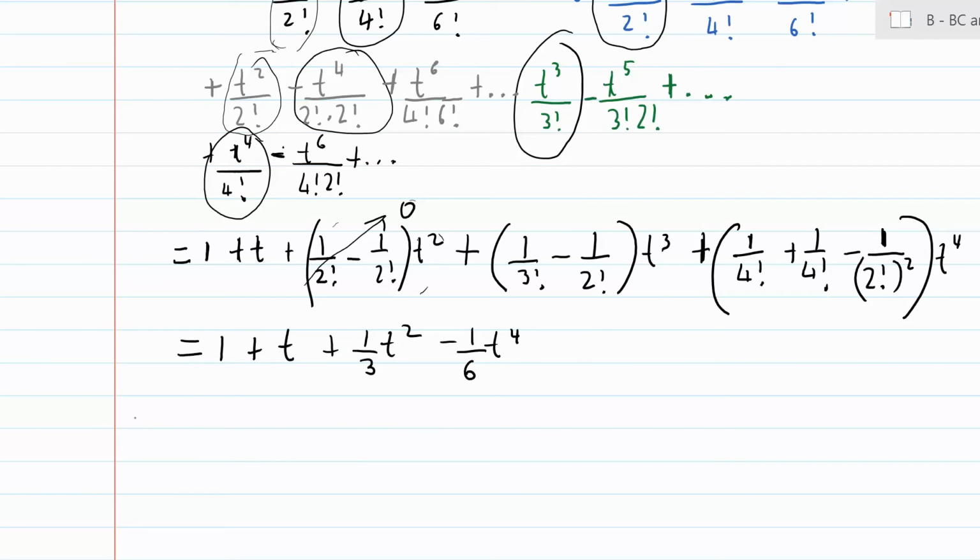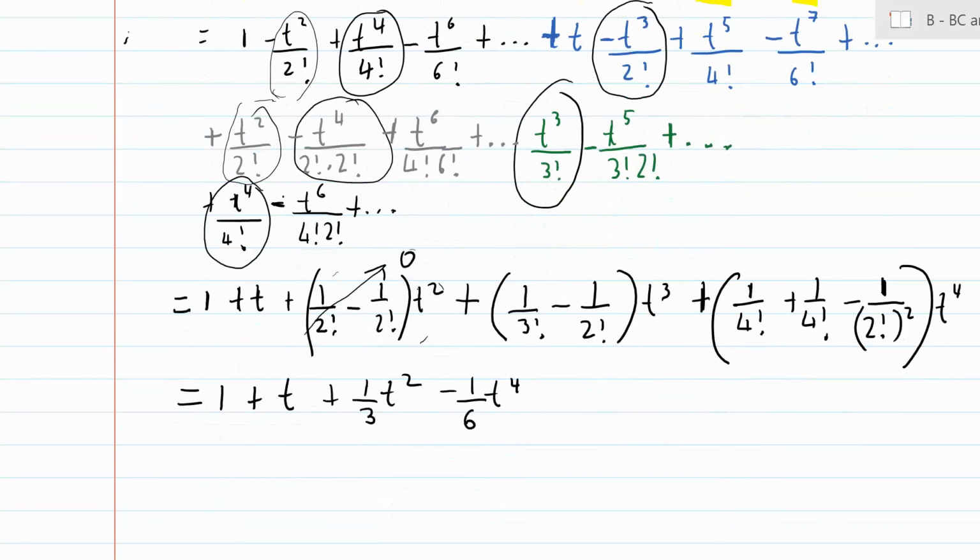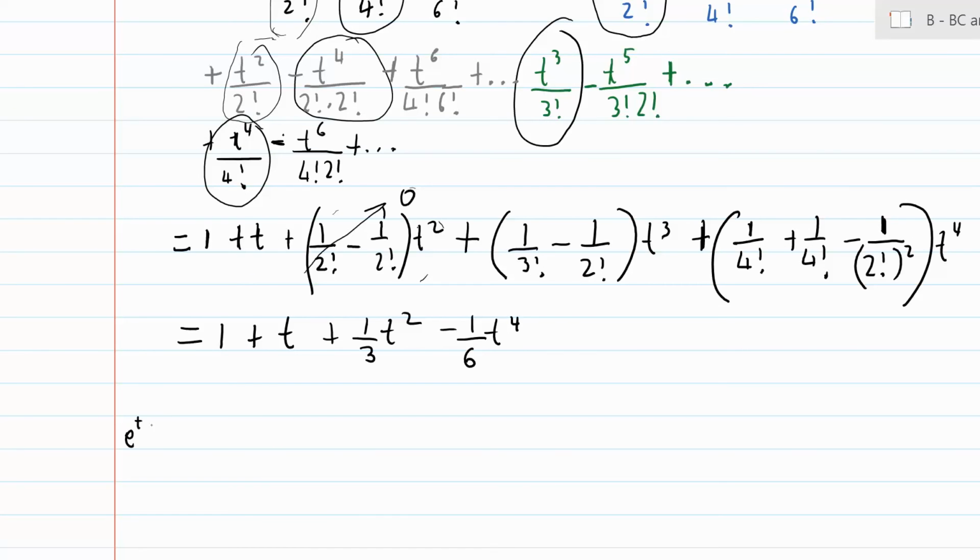So we have successfully shown that exponential t cosine t is simply equal to 1 plus t plus 1 over 3 t squared minus 1 over 6 t to the 4.